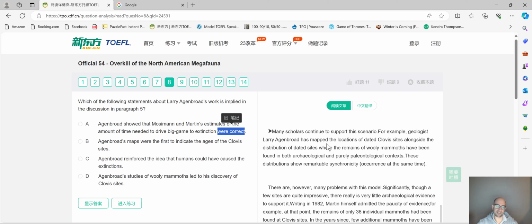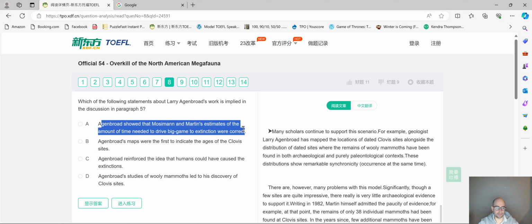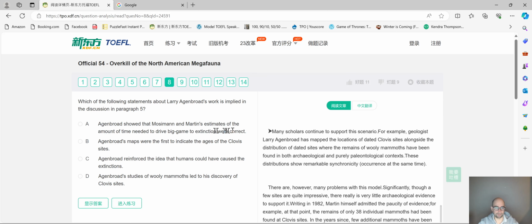This was just a scenario, guys. We don't know for certain that this did happen. So when you run into extreme language like "were correct," be cautious, be wary of this. So choice A is not the right answer. It's too extreme.